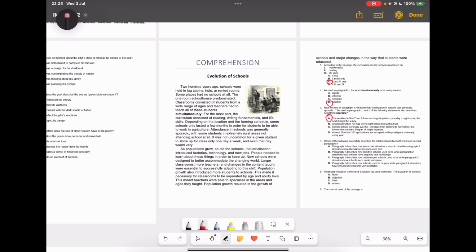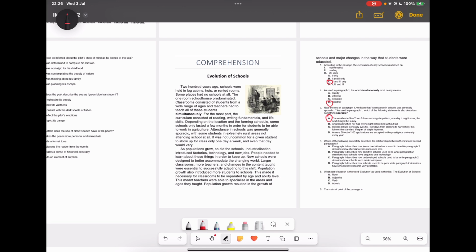So A, paragraph 1 describes how low school attendance used to be, while paragraph 2 describes how attendance has risen over time. Okay? B, paragraph 1 describes how primitive schools used to be, while paragraph 2 describes how schools have begun to use technology.